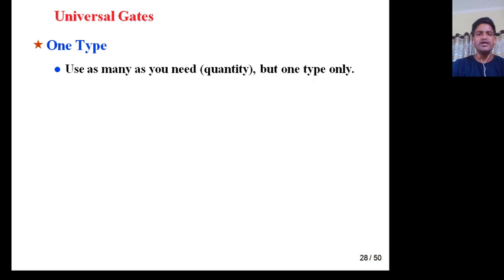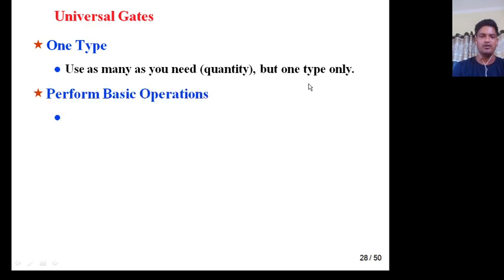Why are these two gates called universal gates? Because with the help of either a NAND gate or a NOR gate, you can implement any Boolean function, any logical expression or any digital circuit. You can use as many as you need, but only one type, either NAND or NOR.